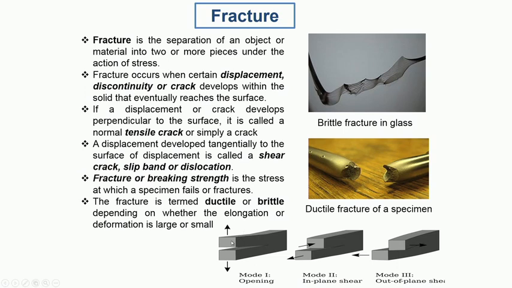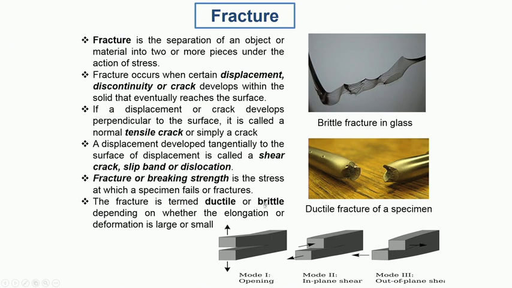But when we talk of fracture, we have to realize that there could be various types of modes of fracture. For example, if the crack growth is perpendicular to the direction of application of load, then we call it mode 1 fracture. Similarly, there could be mode 2, where the crack opening direction is parallel to the load application direction, but it can be in plane or out of plane mode, and accordingly various types of fracture can happen in solids.